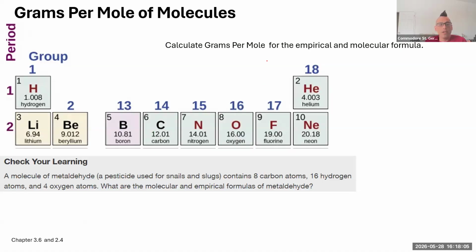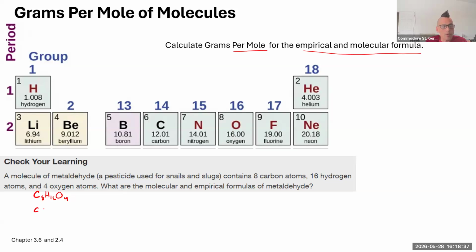All right. So we're going to calculate the grams per mole for the empirical formula and molecular formula. All right. So let's do this here. We said the molecular formula was C8H16O4, right?